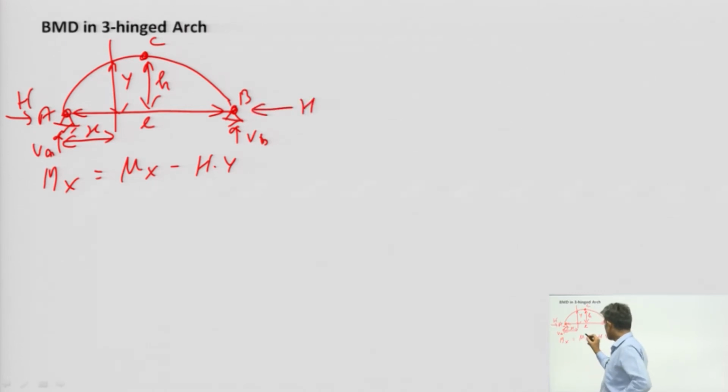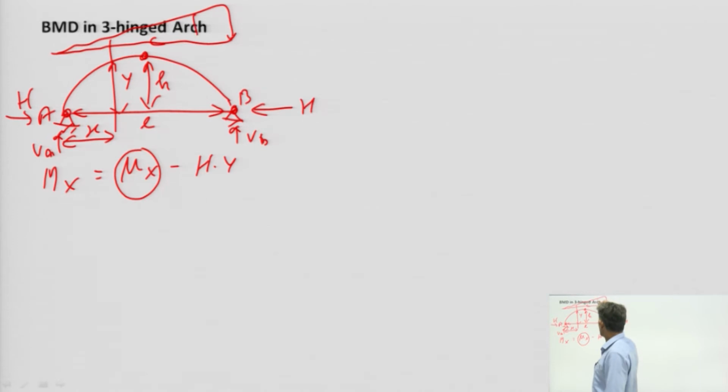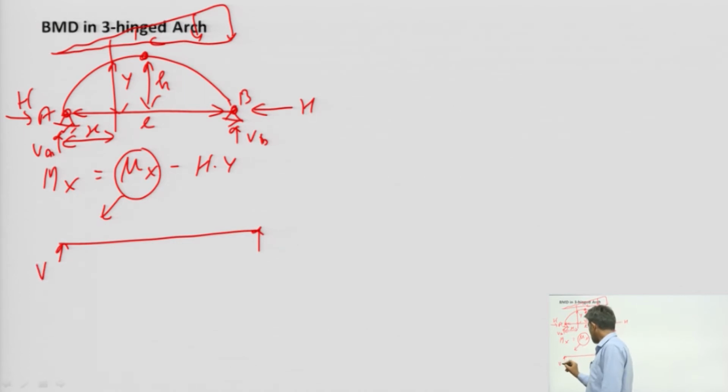So, mu x is the beam moment, and suppose the arch can carry any type of loading. The beam moment mu x will be calculated and plotted with the help of a beam.